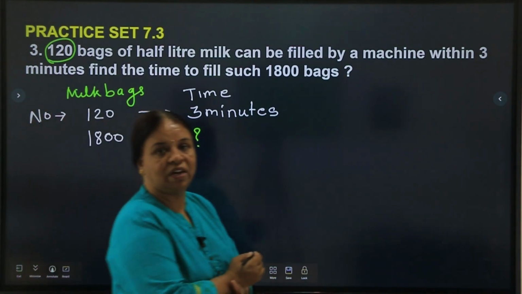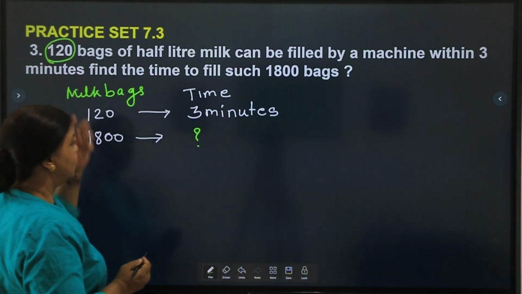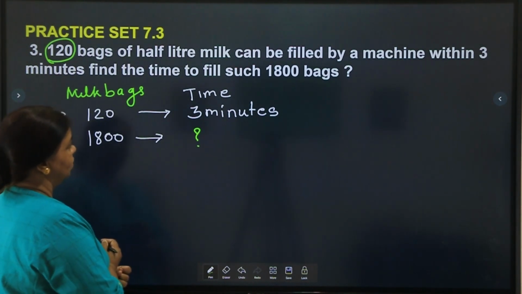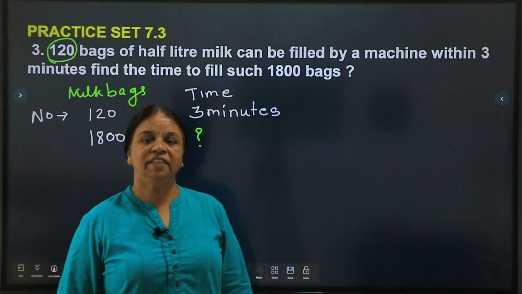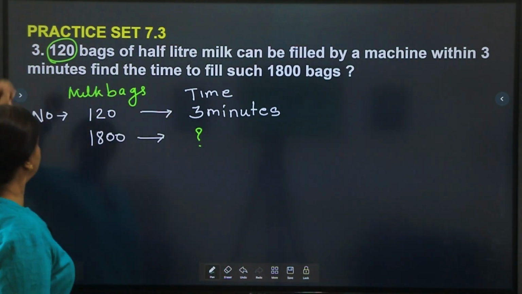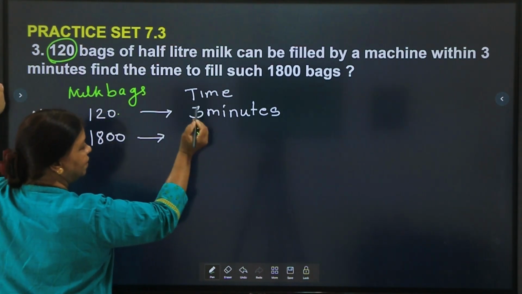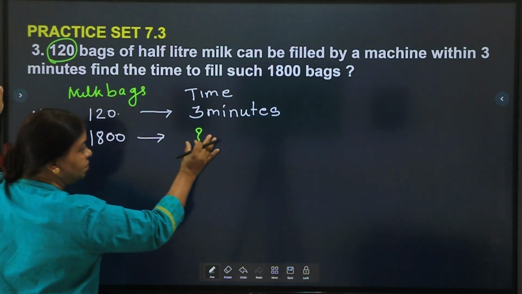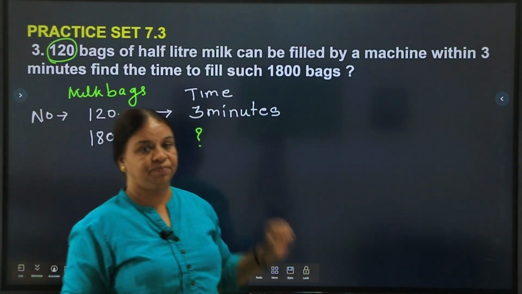Okay. Now let's do it. If the number of bags is increasing, the time taken to fill the bags by a machine will also increase. Now children, you can see here in the third sum, the number of milk bags is 120 and time required is 3 minutes. So what will be the time required for filling 1800 bags by a machine?